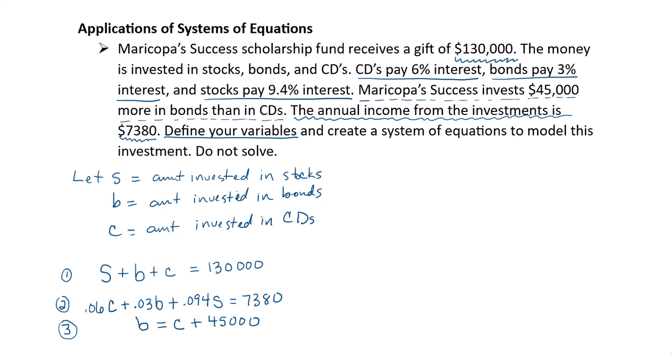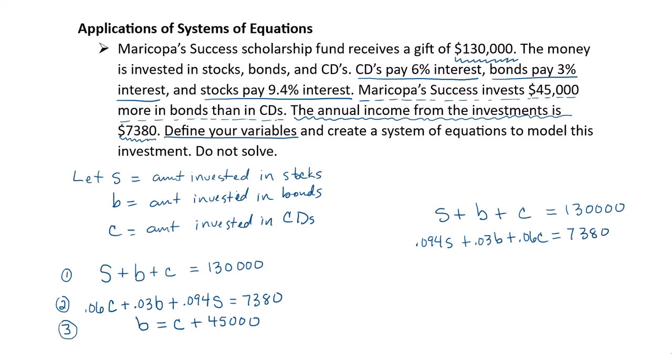And if you want to go ahead and solve that, you can do that. The first step I would take is to go ahead and rearrange those so everything is in the SBC order that you've defined your variables. Okay, and then for the second equation, we've got 0.094S plus 0.03B plus 0.06C equals 7,380.